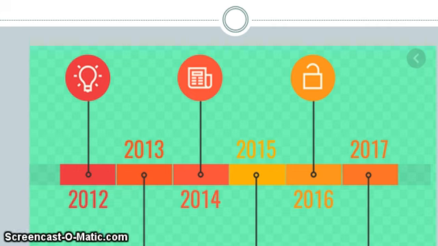Have a look at your screen. It's year-wise: 2012, 2013, 2014, 2015, 2016. So if you look here, it's arranged year-wise in an order. 2013 comes after 2012.